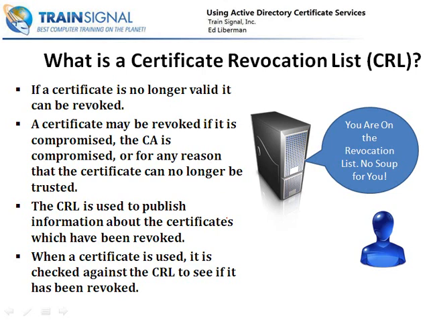So the point is, even if some entity has their hands on a certificate which says that they are somebody or something, if you check to see that that certificate is valid, in other words, you check against the CRL, that's how you can truly know, is it okay to trust this entity? That's a very important step, by the way. Because if you don't check it against the CRL, then you don't know if the user is who they say they are or the computer is who it says it is.